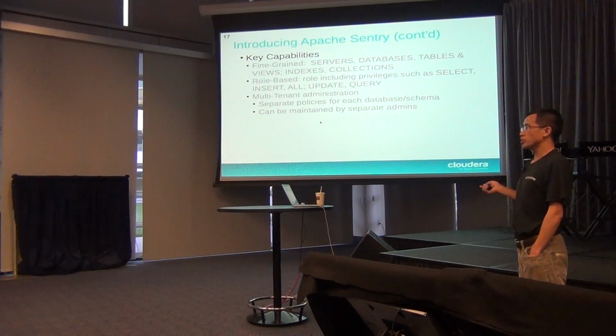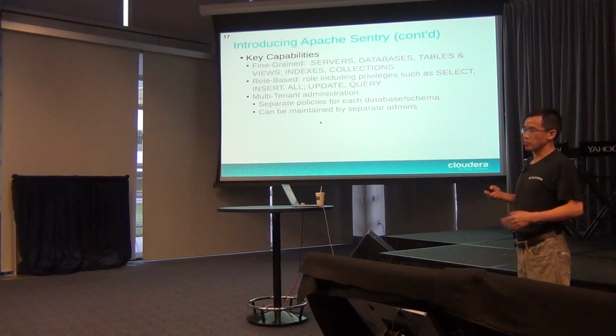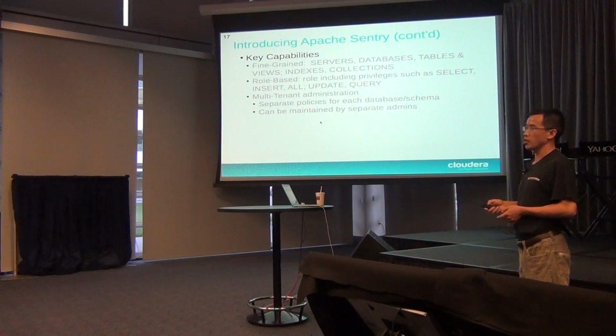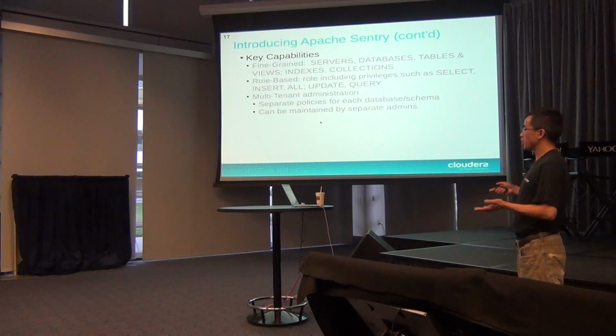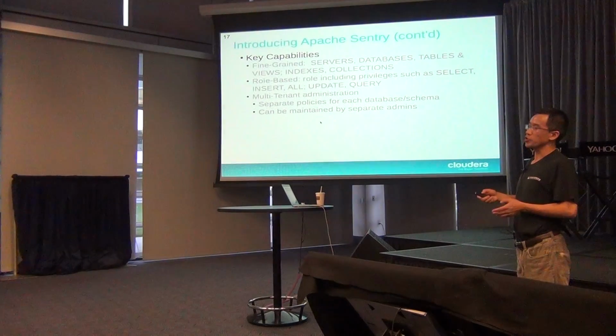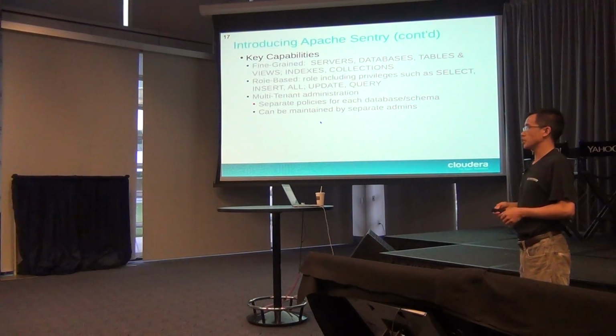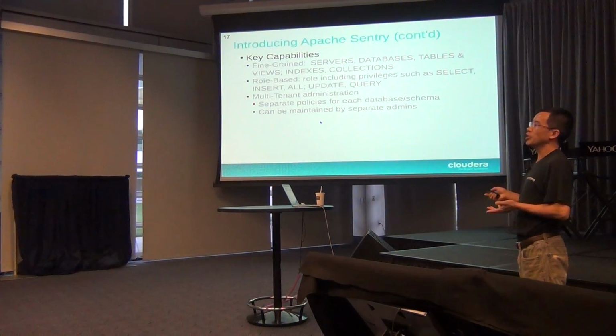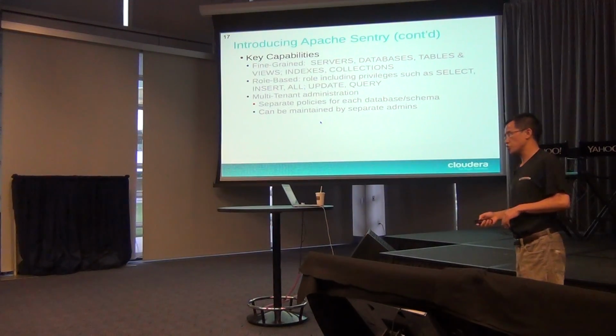And multi-tenancy support, because Sentry allows you to include such policies. For example, in simple words, for each DB you can have a separate Sentry policy, and each can be assigned to a different administrator.